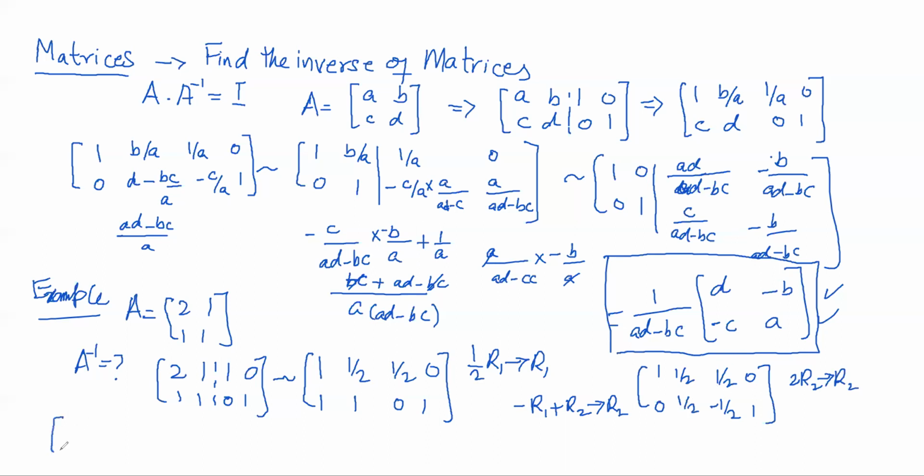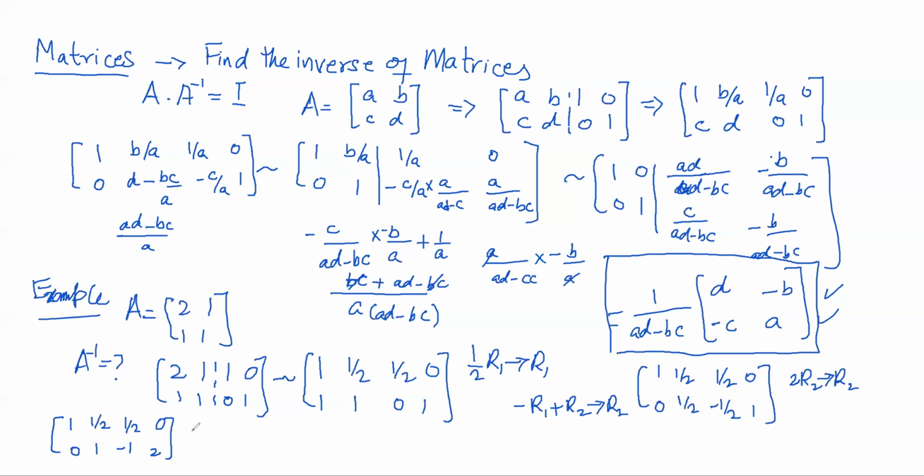So let me write it over here. So 1, 1 by 2, 1 by 2, 0, 0, 1, minus 1, and then 2. Okay. And then the next row operation will be to make this as 0, so that the left hand side will be a unit matrix 1, 0, 0, 1.